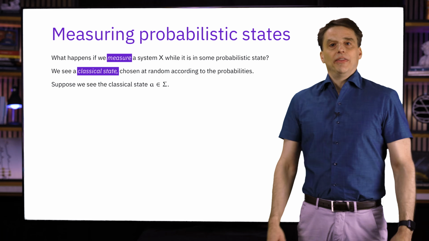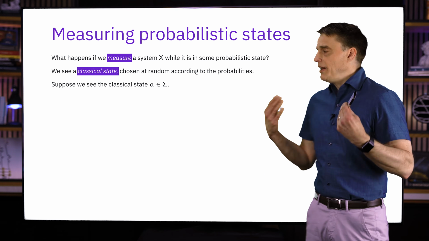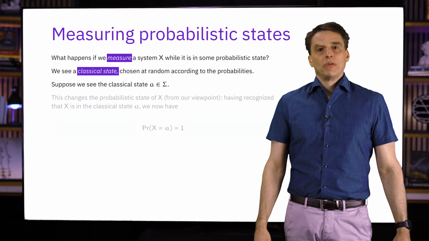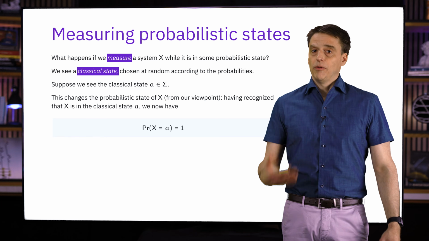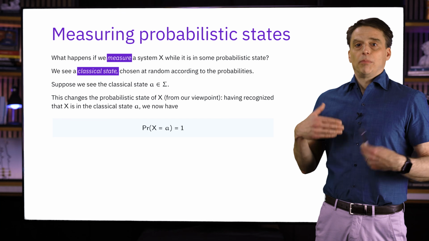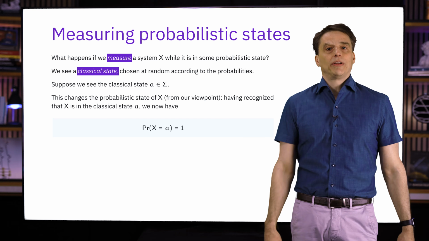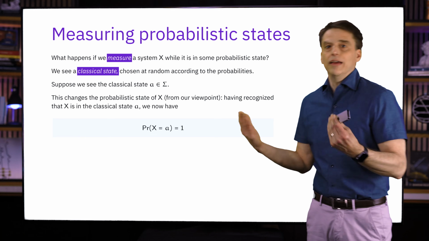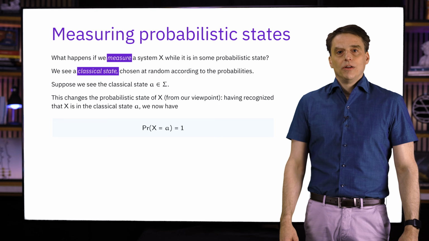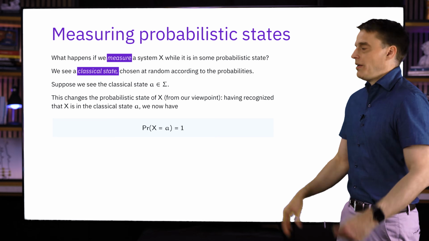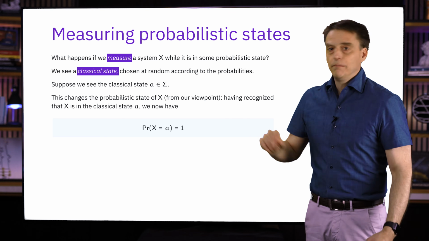Let's suppose that the classical state that we see is the classical state A, which could be any state in our set sigma. This changes the probabilistic state of X in general, at least from our point of view. The probabilities no longer have any significance because we now know what the classical state of X is. It's A, and there's no longer any uncertainty about this. So we would now say that the probability that the system is in the state A is 1.